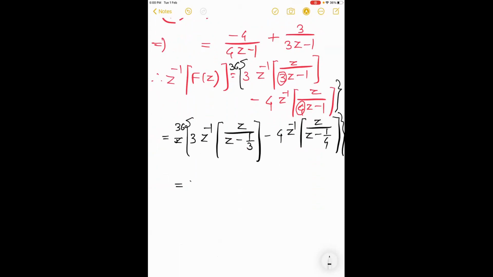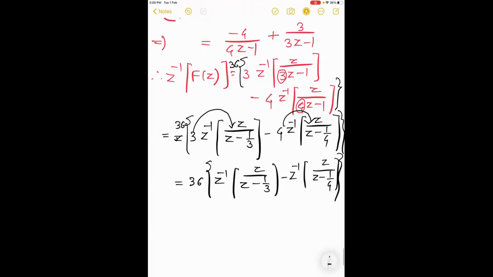Therefore, 36 into the inverse transform of z upon z minus 1 by 3, minus this 3 of course will be here. And 4 is also here, not outside. You have to take it, otherwise it will not match. So this is the inverse transform of z upon z minus 1 by 4.